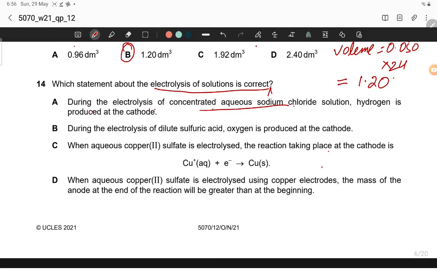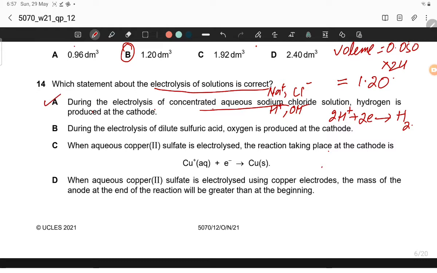Sodium chloride has sodium ion, chloride ion, H positive and OH negative. So hydrogen ion is positive, so hydrogen ion is preferentially discharged at the cathode. So the reaction going on at the cathode gives H2 gas. So this option is correct.